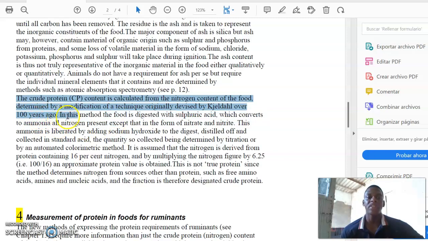In this method, the food is digested with sulfuric acid, which converts to ammonia the nitrogen present, except that in the form of nitrate and nitrite.